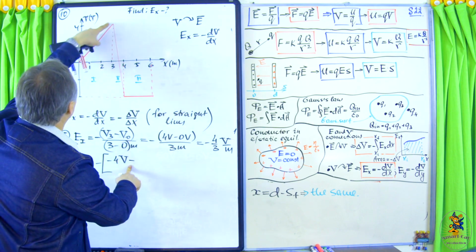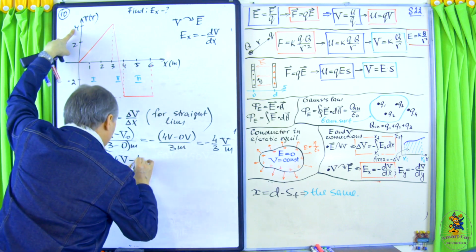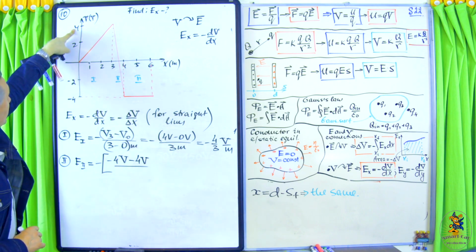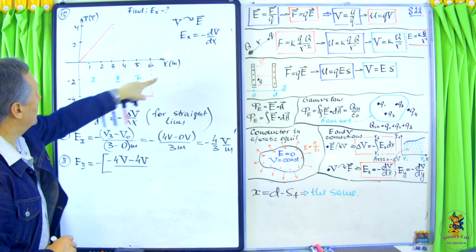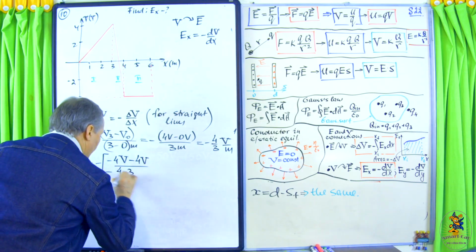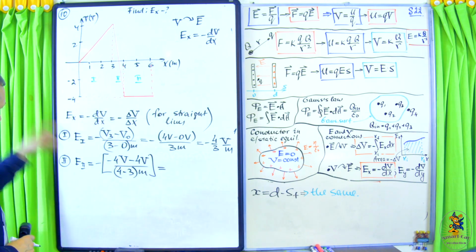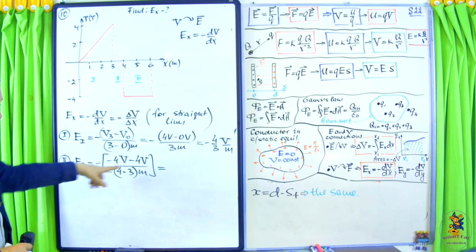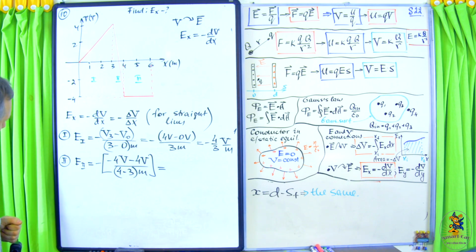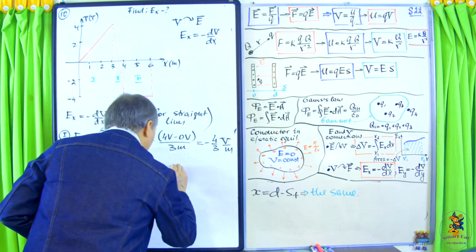And the initial value of the potential is 4 volts. So minus, minus 4 minus 4, divided by the change in x, so 4 minus 3 meters. Right. Okay, so what are we getting? This is minus 8, and minus another minus, so it's a plus. So we're getting 8 volts per meter. Let me check. Yeah, it's actually correct. 8 volts per meter.